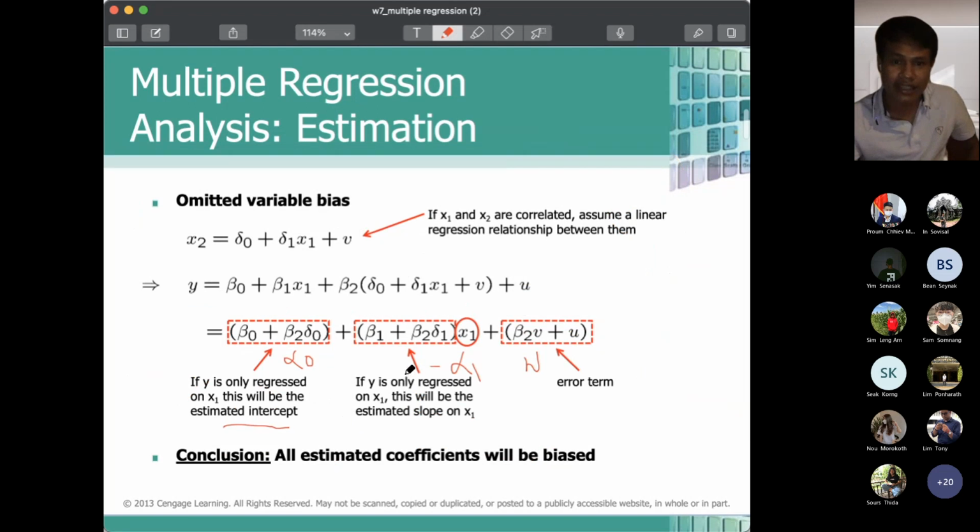Because you omitted x2, the estimated model partially includes the effect of x2 in the effect of x1. This is what we mean by a biased estimate when the zero conditional mean assumption is violated, when there is an issue of omitted variable bias.